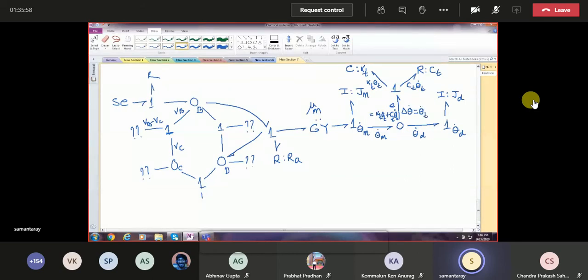So the shaft is modeled like this. You have to be very careful. First, you take relative velocities between two ends of the shaft. Find the twist, rate of change of twist or rate of change of angular deformation. Then put a one junction. Put torsional stiffness and torsional damping in that.